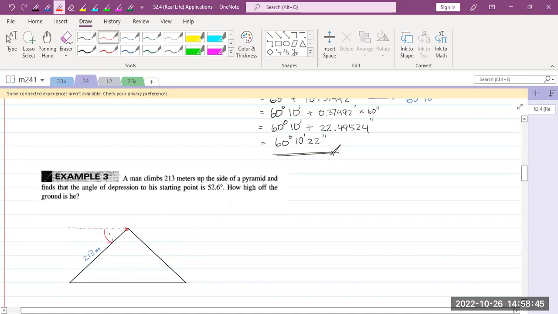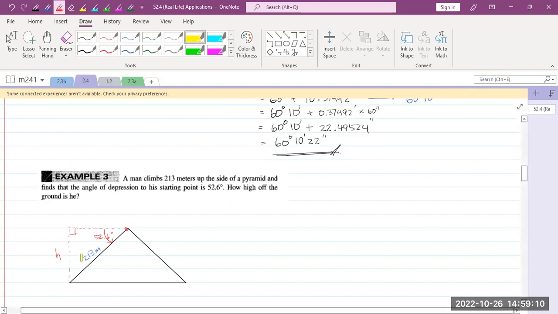Remember, depression means from the horizontal going down. Okay, angle of depression is 52.6 degrees. Now the question is, how high off the ground is he? This is the height. Okay, now think about this triangle here.